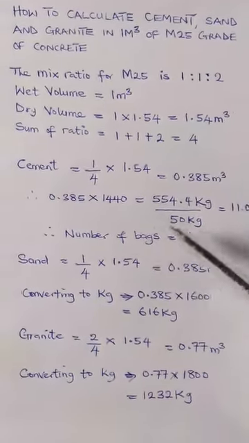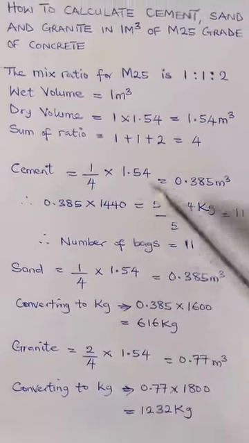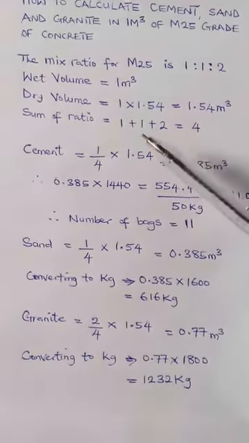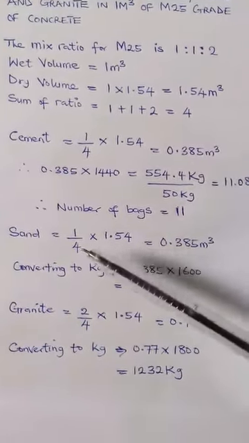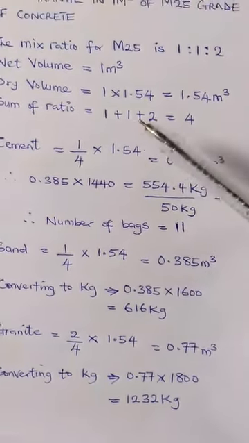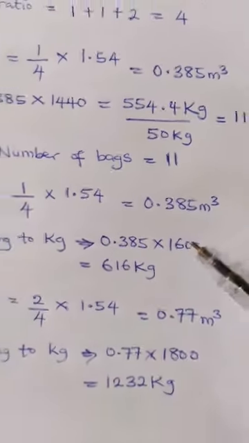Once you have gotten the cement, you calculate for the sand. For the sand, you have 1 divided by the sum of ratio, which is 4, times 1.54, which is the dry volume. So you have 0.385 cubic meter.